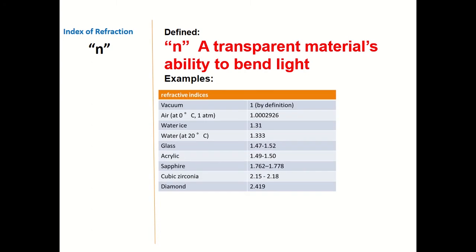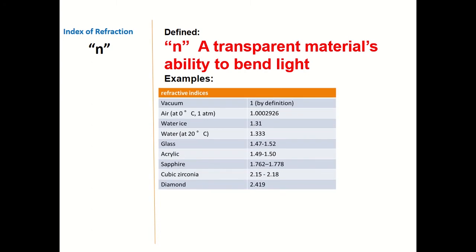So here are some examples of refracted light. For a vacuum, like in space where there is no air, we say the index of refraction is 1. Regular air in our atmosphere is 1.00002926. So whenever we're doing calculations with air, we treat it as if it's a vacuum. Water, in the form of ice, has an index of refraction of 1.31.